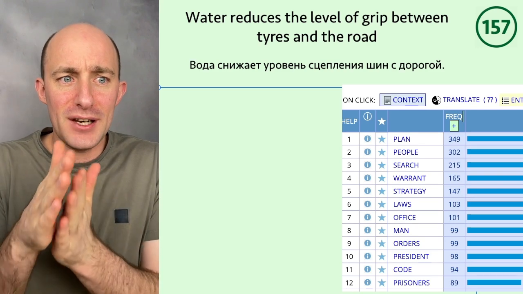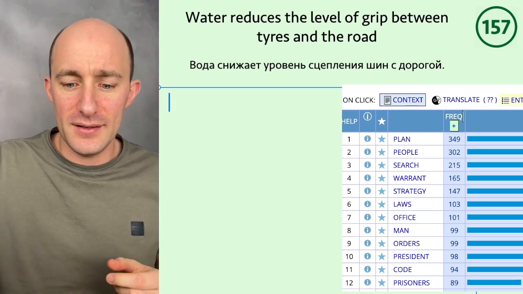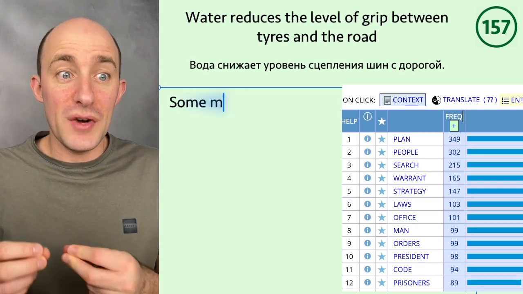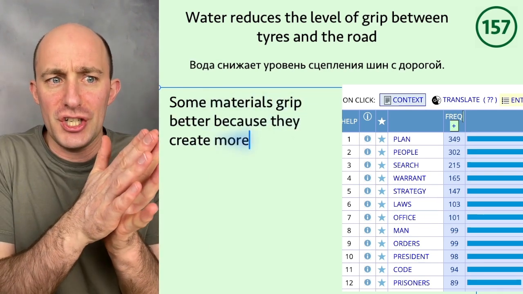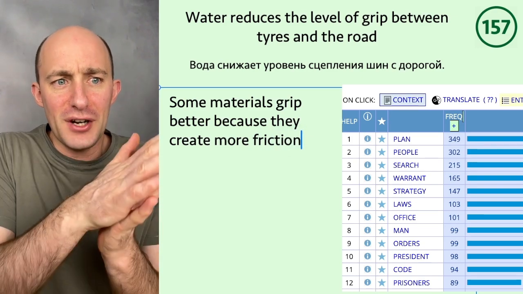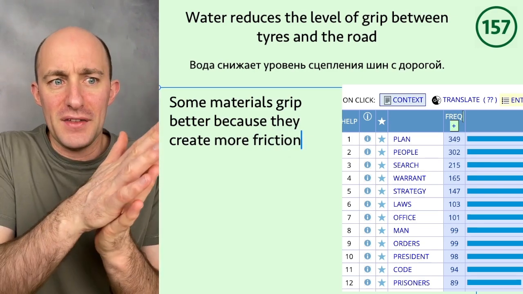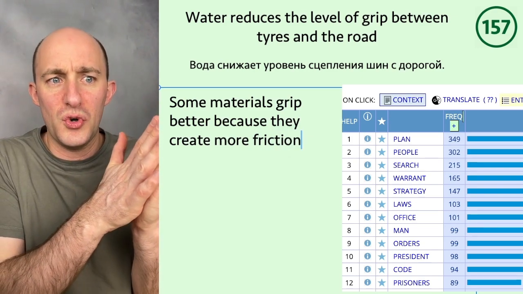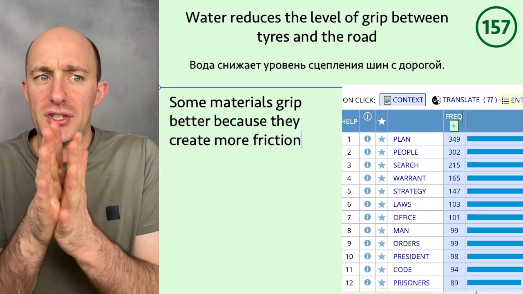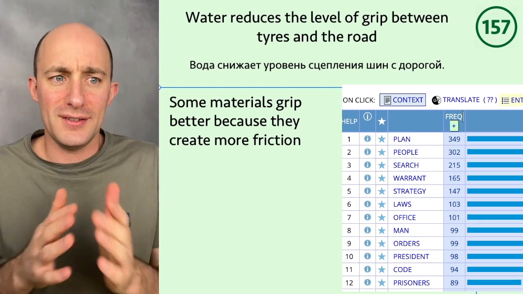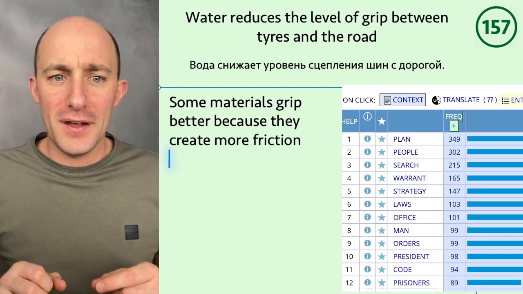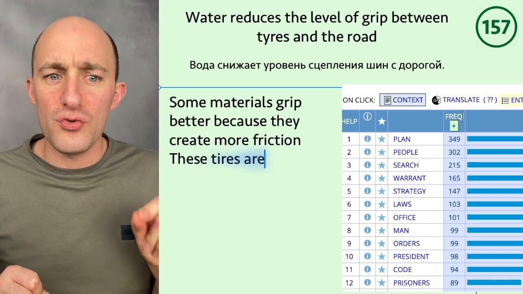So some materials grip better because they create more friction. So friction is the word from physics about this force between two materials, two surfaces. The less formal word is grip. You can say, these tires are really grippy.